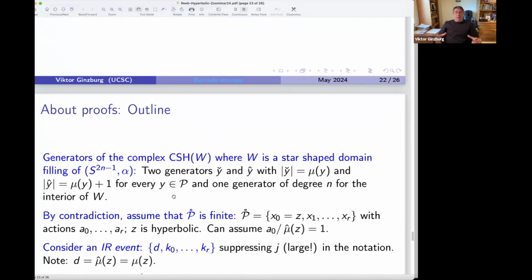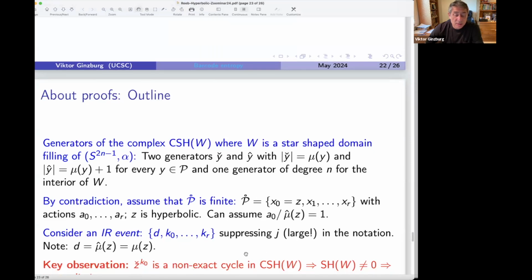The outline of the proof. So I have the symplectic homology. For every closed Reeb orbit, I'm going to have two generators. One has degree equal to the Conley-Zehnder index, and the other one has degree the Conley-Zehnder index plus 1. And I'm going to have one generator for the interior of the Liouville domain. Arguing by contradiction, let's assume I have finitely many periodic orbits.